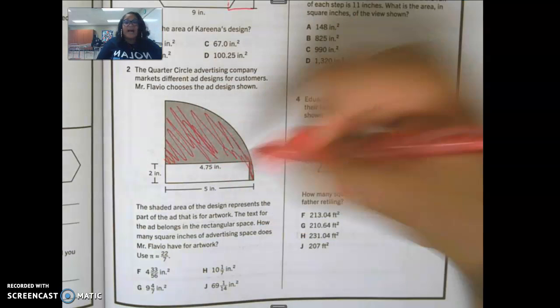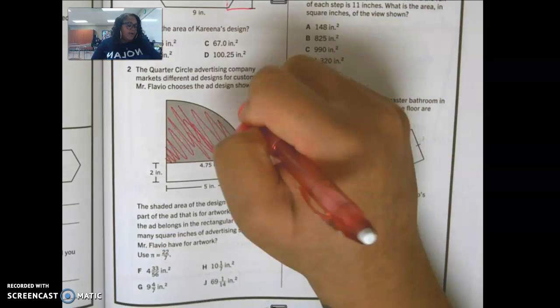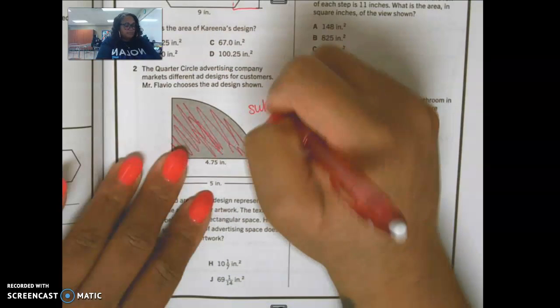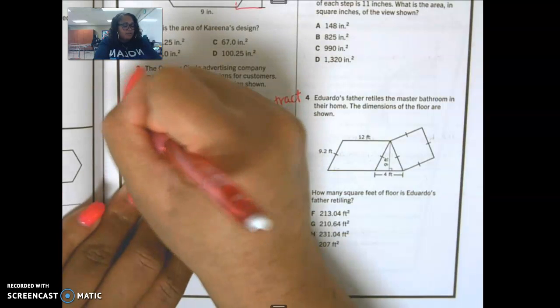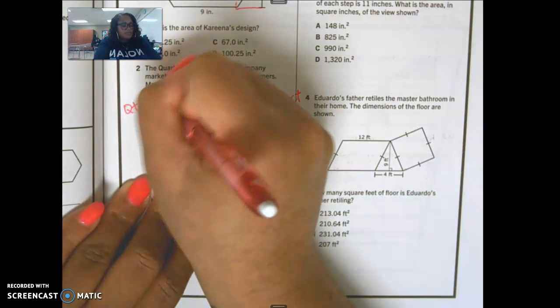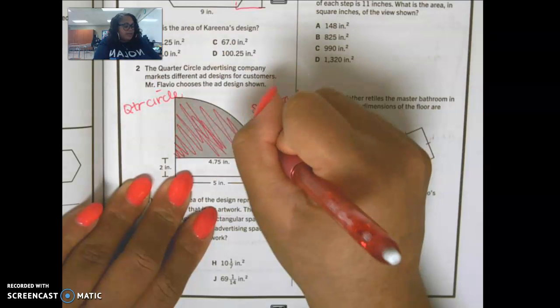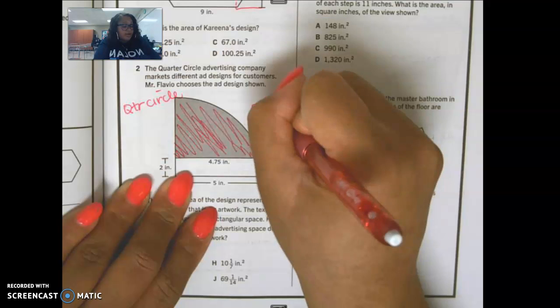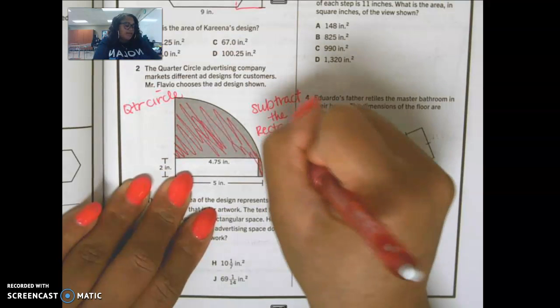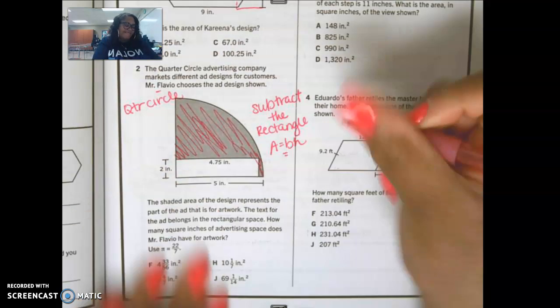Okay, I want to take out the rectangle. So here I will have to subtract. I have a quarter circle and I have a rectangle. And I'm actually subtracting the rectangle. So the rectangle is area equals base times height.